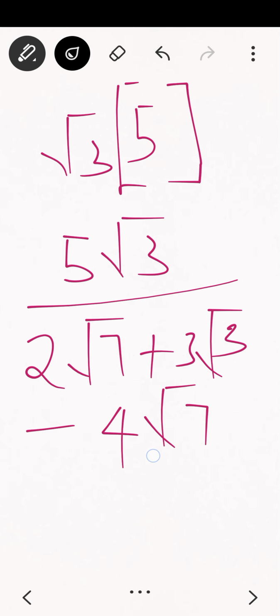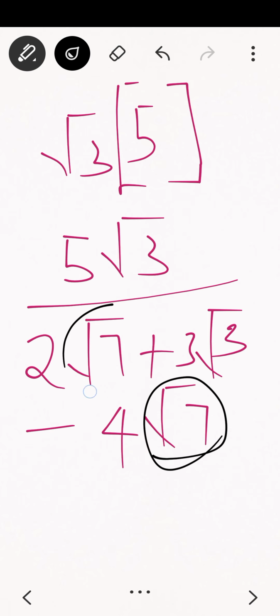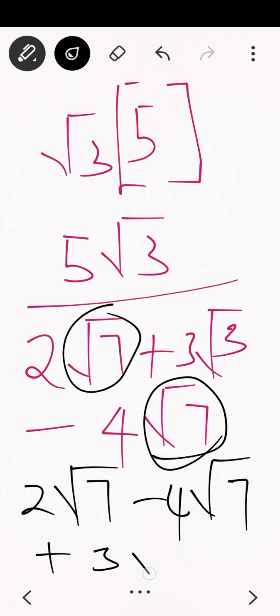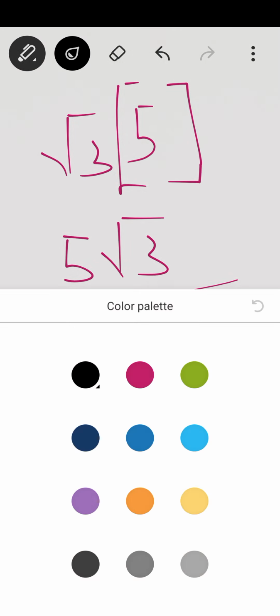Over here our like surds are going to be this and this. So we bring them closer to each other. So we have our 2 root 7 minus 4 root 7 plus 3 root 3. Note that in this case our 3 root 3 is not a like surd to any of the two, right? So the next thing we do is that we treat them as a variable.